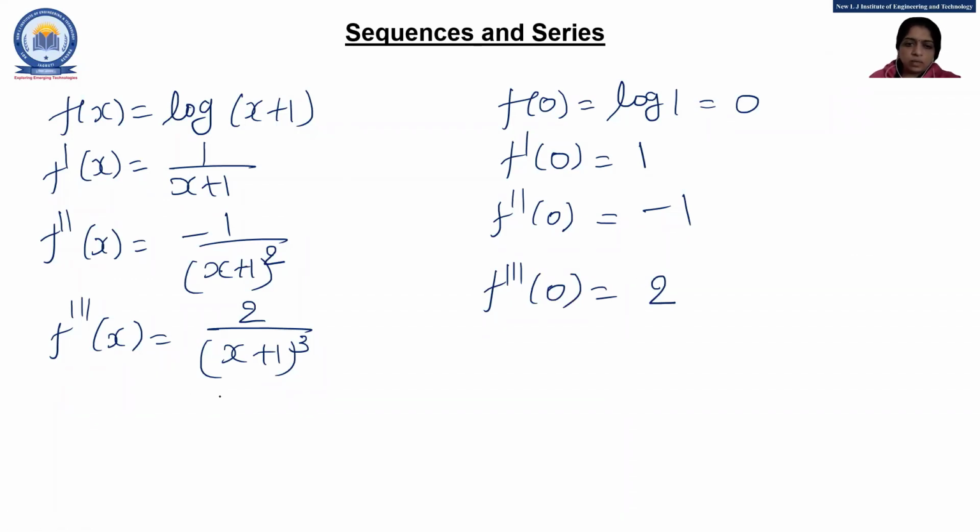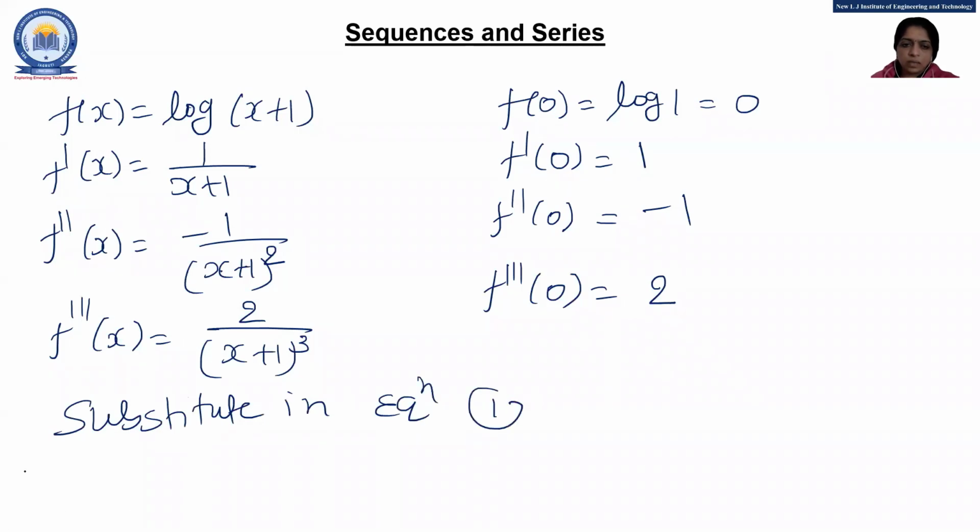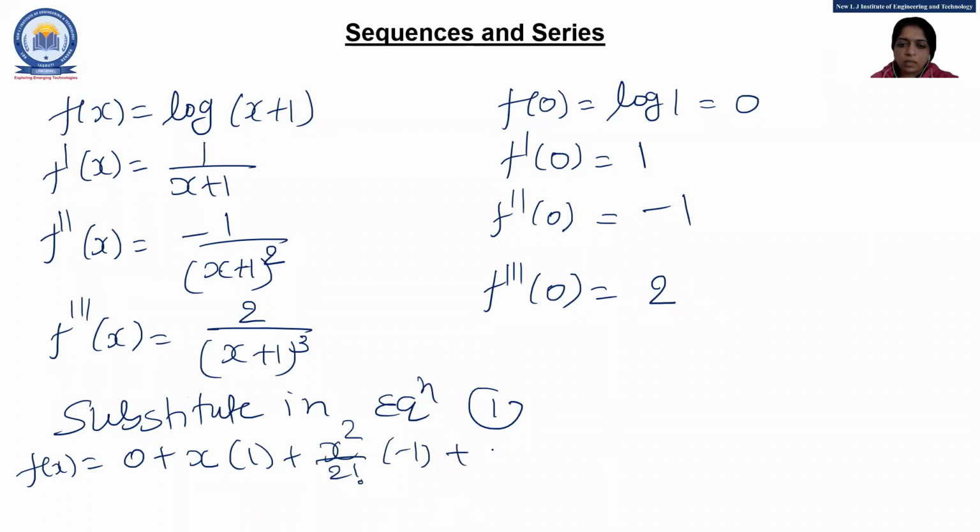Now, if I substitute all these values in equation 1, then f of x is equal to what? f of 0, but f of 0 is 0, plus x into f dash 0, that is 1. Then x square by 2 factorial into f double dash 0, so minus 1, plus x cube by 3 factorial into 2, and so on.